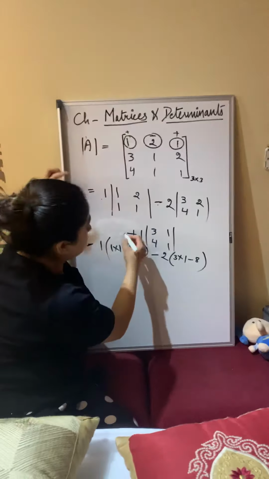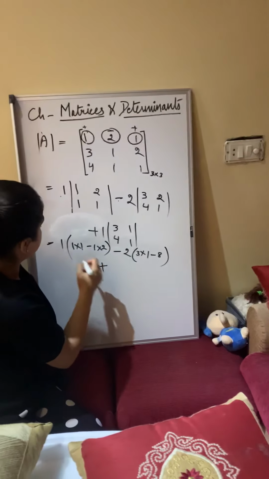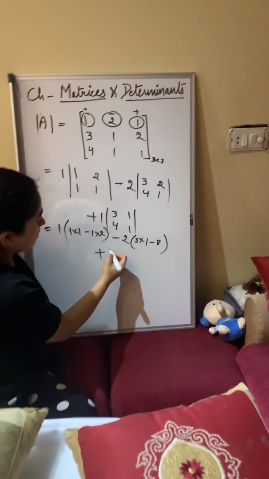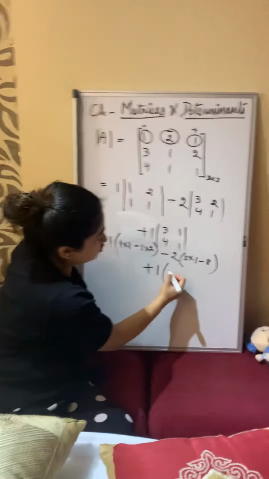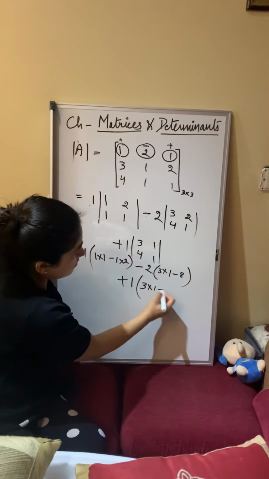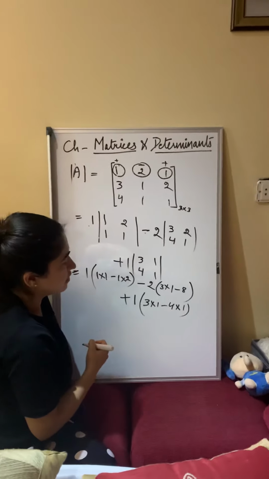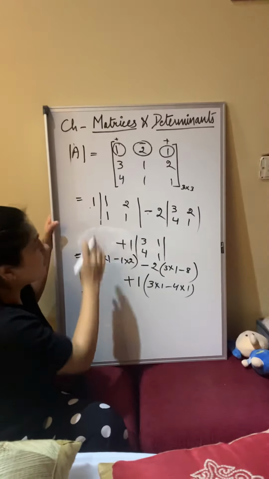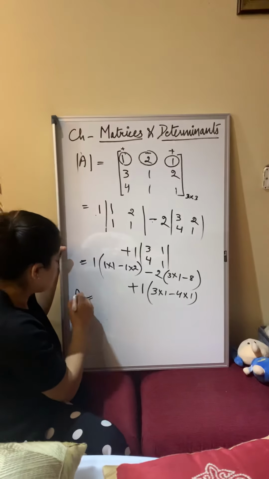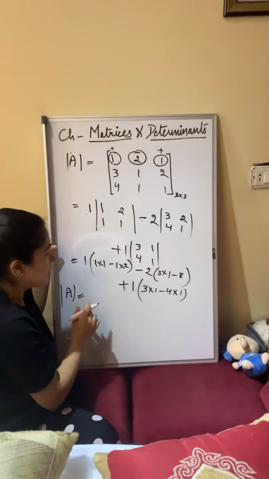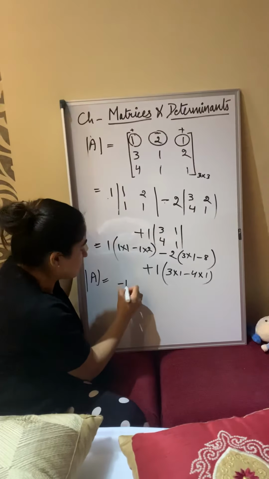Next, I am taking this value: plus 1, 3 into 1 minus 4 into 1. So the value of our determinant A will be equal to 1 minus 2 is minus 1, this is minus 1.